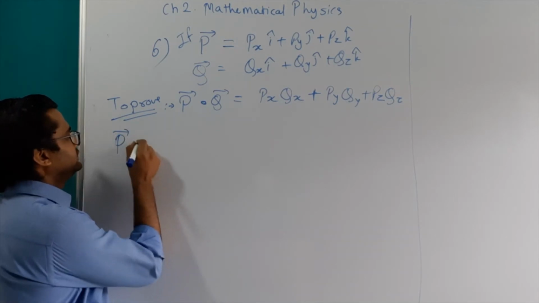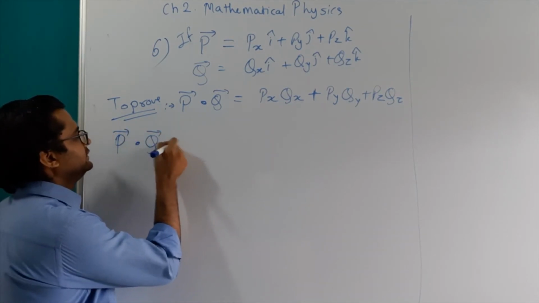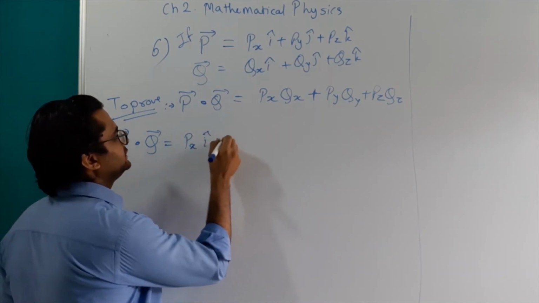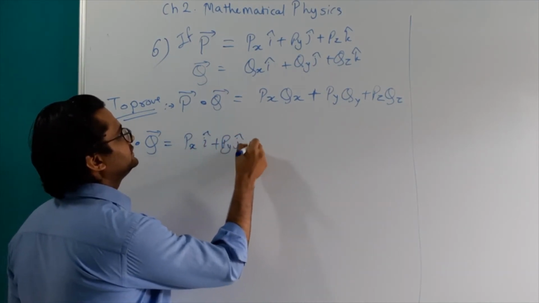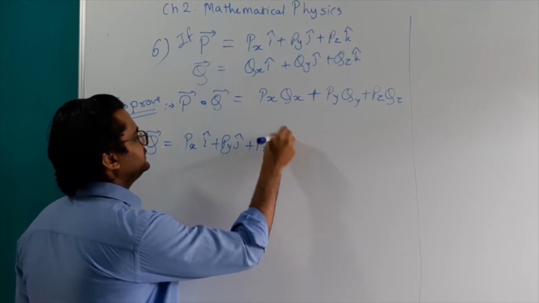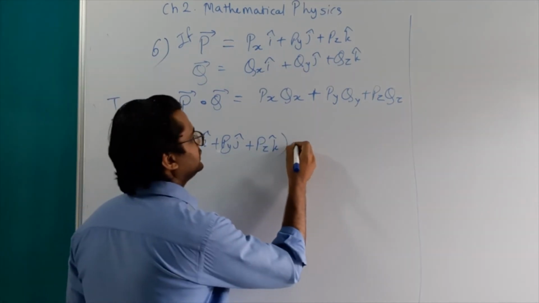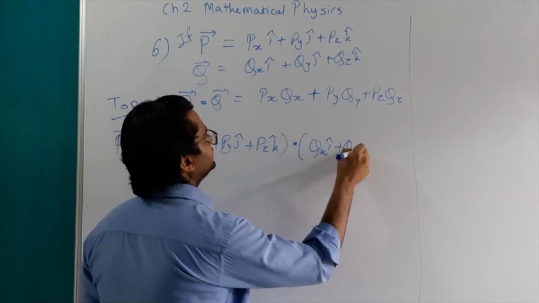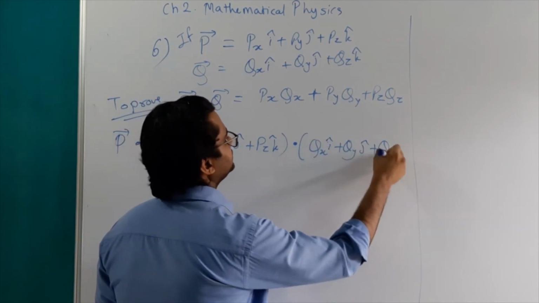P bar dot q bar is written as px i plus py j plus pz k dot qx i plus qy j plus qz k.